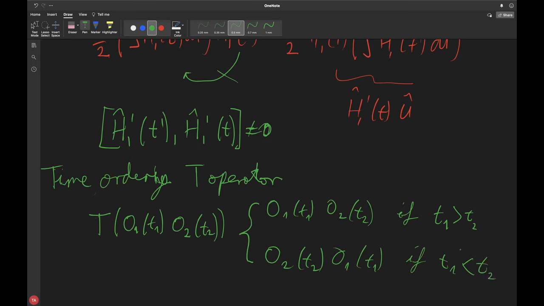So it just puts the operator that happens earlier to the left.